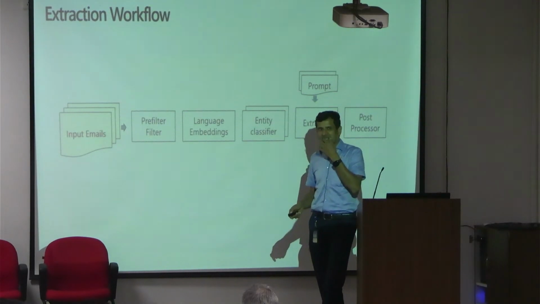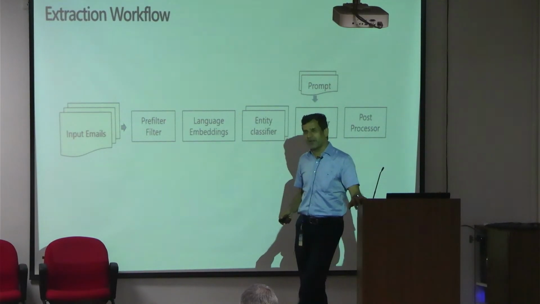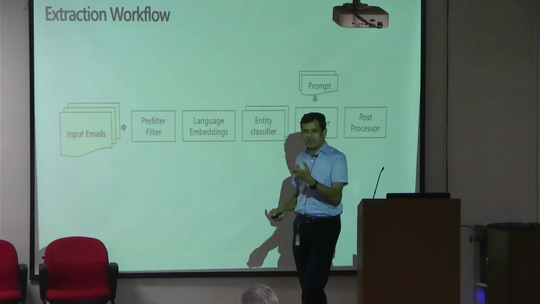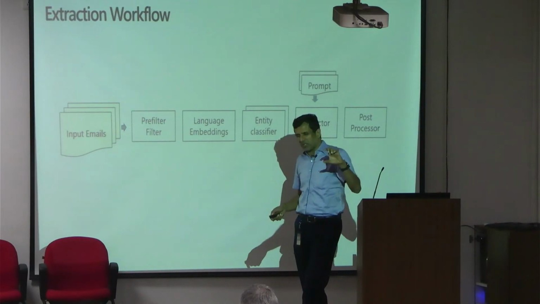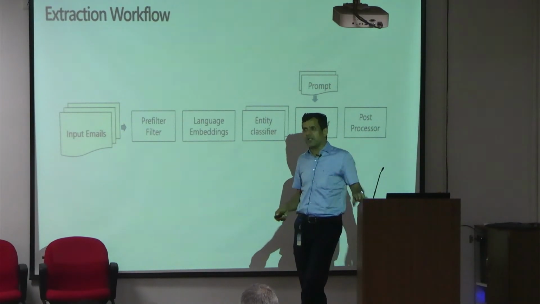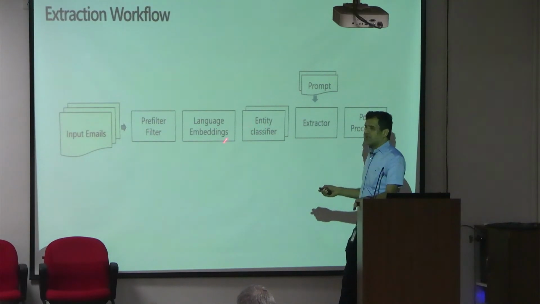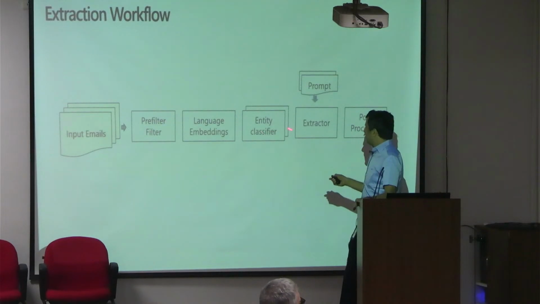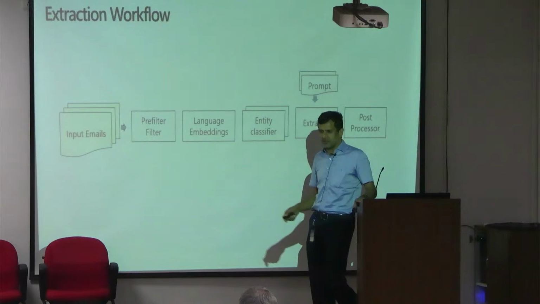Because, say for example, if the entity is task, then it should have some language like please send me the document you mentioned, right? So there is a particular construct of the sentence. Using language embedding, we can identify that yes, this email contains the task, okay? And then we use the language model to extract the task.